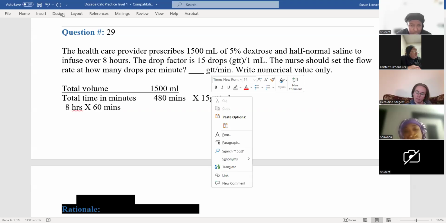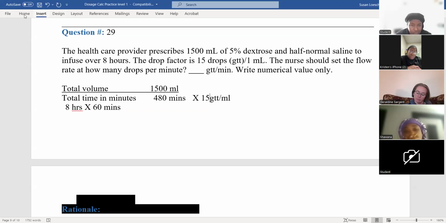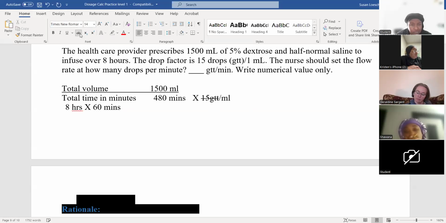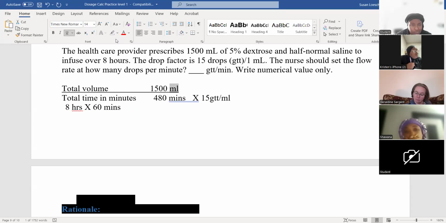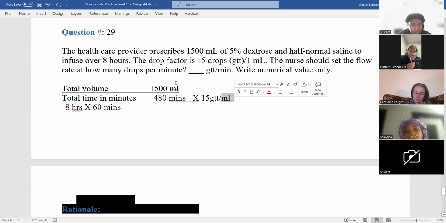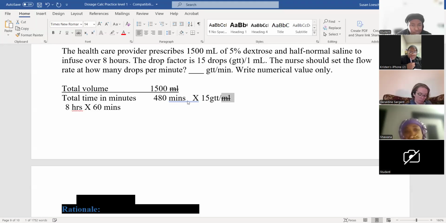This will cross out, this will cross out, and you'll be left with drops per minute, GTT per minute.